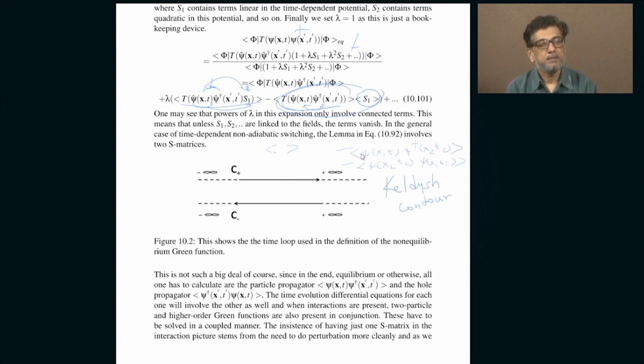But the fact that there are two different such Green's functions that you have to calculate becomes inconvenient when you are trying to solve. Your Hamiltonian typically will not be exactly diagonalizable for various reasons, the most serious reason being that particles interact amongst themselves.